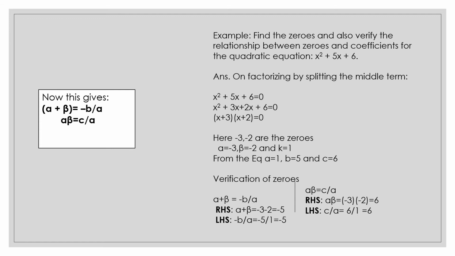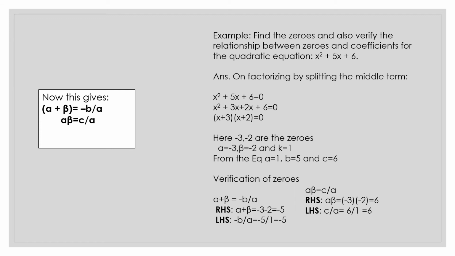And now we have found our values for alpha and beta, and also we have assigned the values for a, b, and c from the given equation. Now let's verify the relationship between zeros and the coefficients of the quadratic equation.